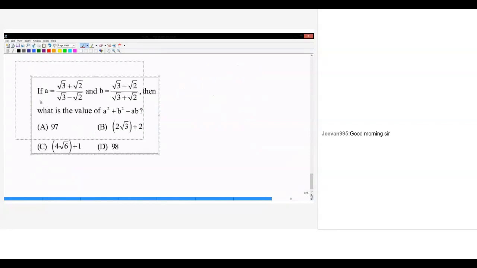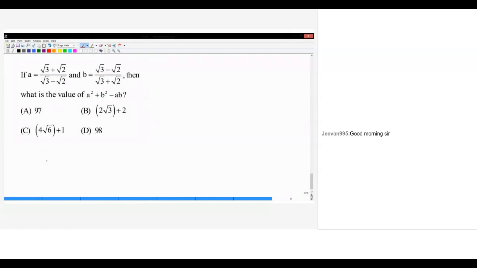Bit of algebra, but still we can manage. How do we say it? A square plus B square minus AB.